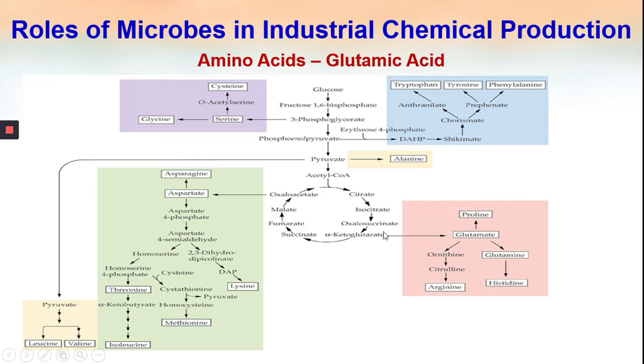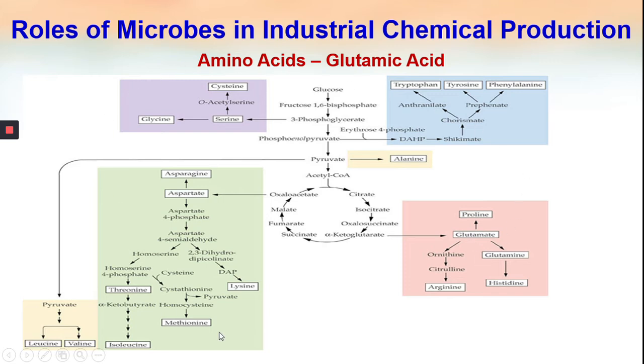Alpha ketoglutarate undergoes several processes by Corynebacterium glutamicum to transform the structure from alpha ketoglutarate into glutamate.